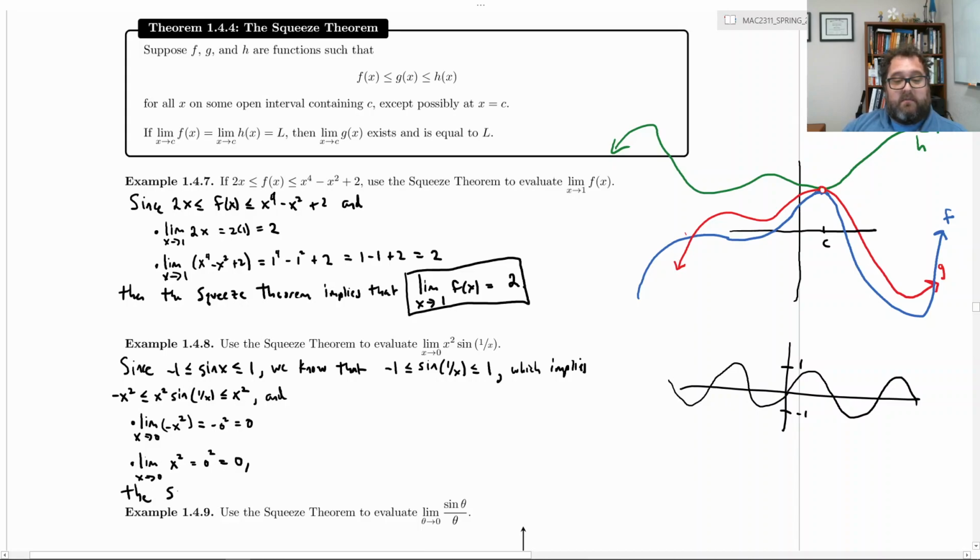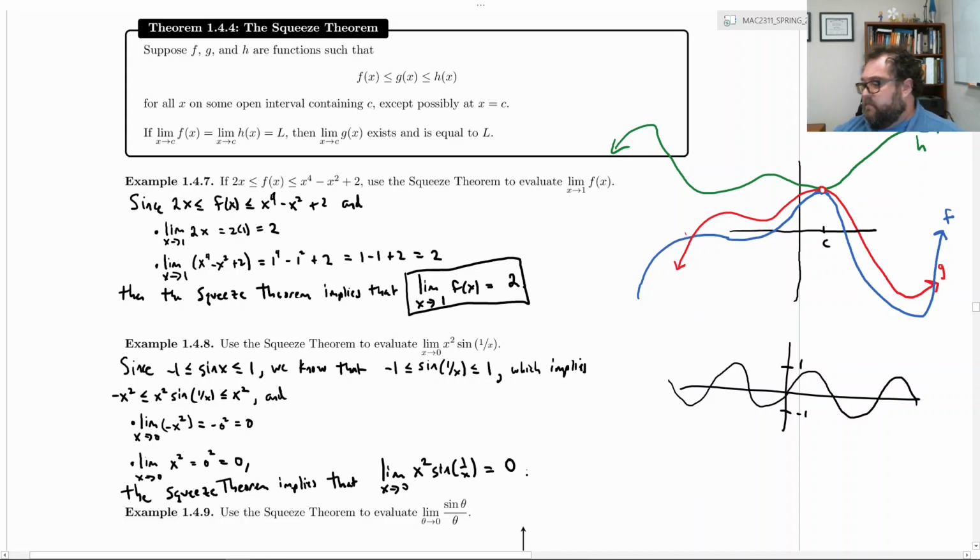The squeeze theorem implies that the limit as x approaches 0 of x squared sine 1 over x has to also be that same value, which in this case is 0.